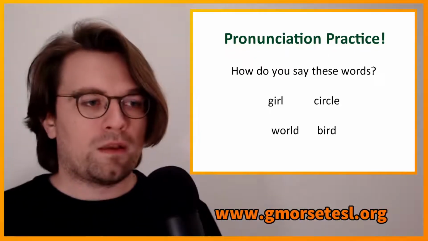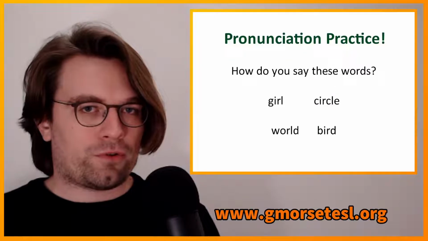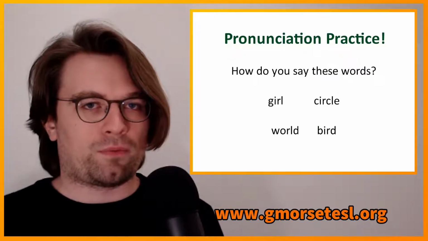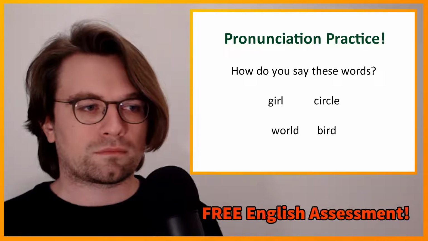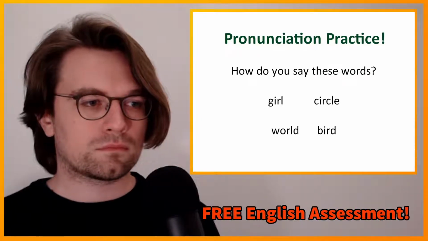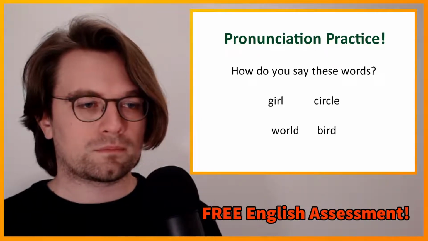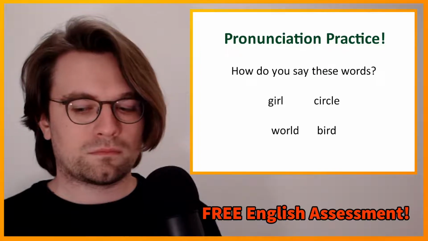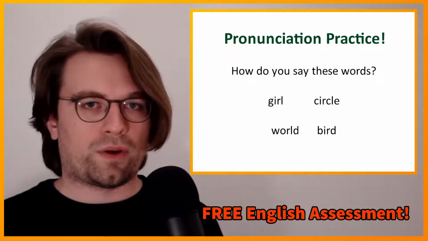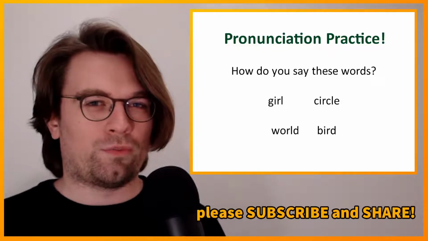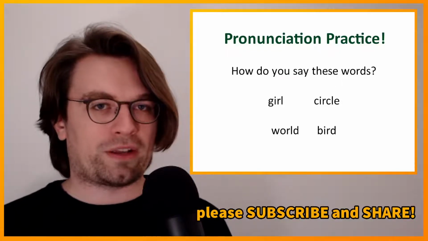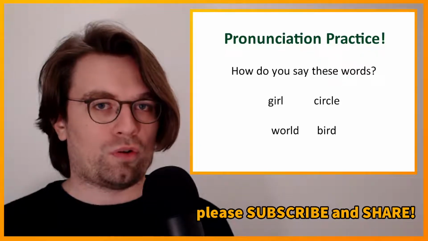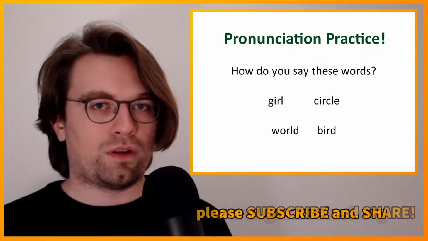So, here we have the first word. Try saying the upper left word now. All right. This word is one of the tricky ones because it has so many difficult sounds all next to each other. Girl. Girl.